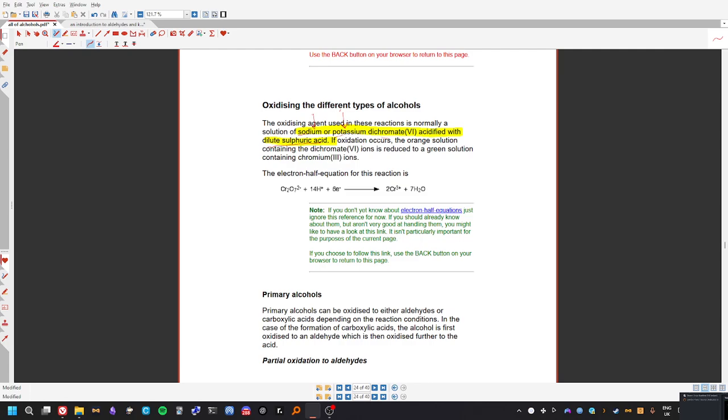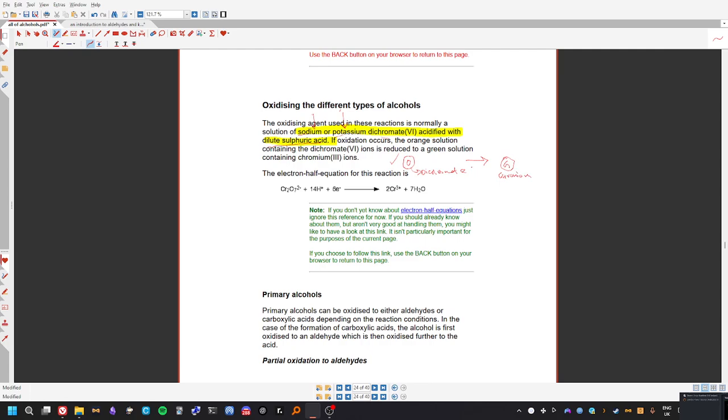And if oxidation occurs, then the orange solution containing the dichromate ions is reduced to a green solution containing chromium ions. So if the reaction is successful, your original solution is going to be orange, which contains your dichromate. By the end of it, you're only going to have your green solution containing just chromium.